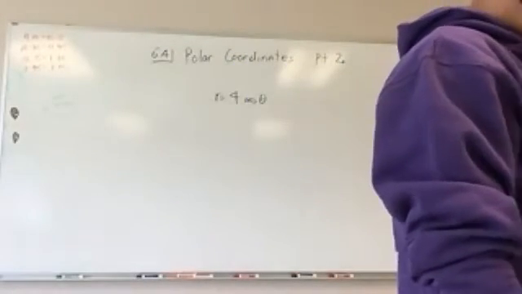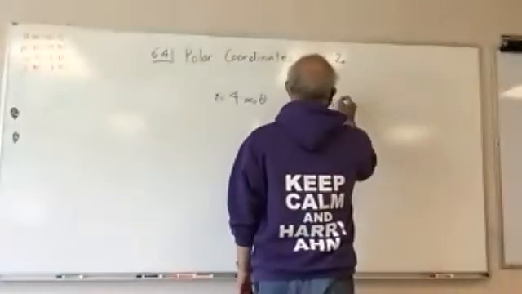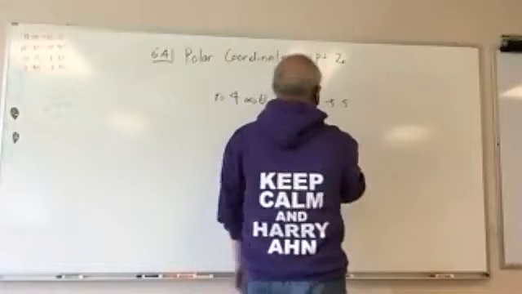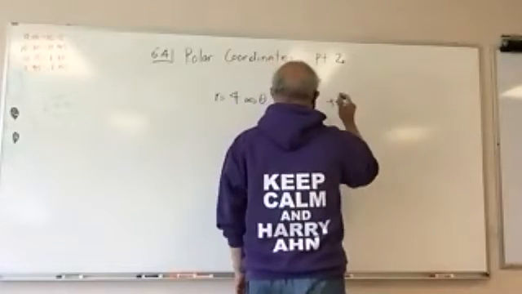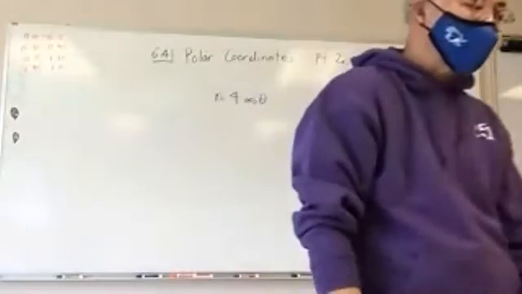It's a circle. Adjust your windows to -5, 5 in the x direction and the y direction, same thing, -5 and 5. And then your theta goes from 0 to 2 pi.